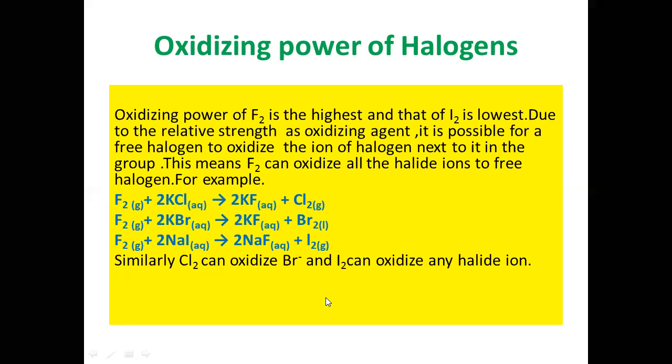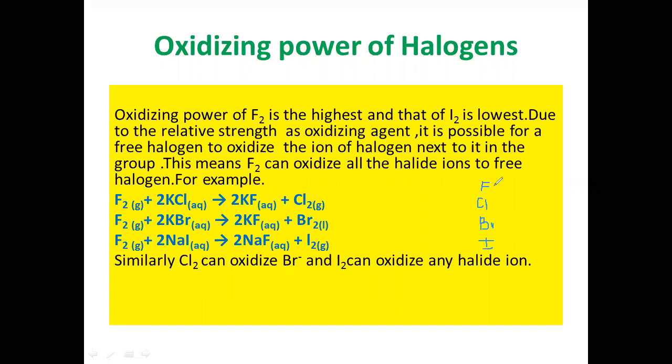So as I told you, we have the halogens, the top one is fluorine, then after fluorine we have chlorine, then bromine, and iodine.